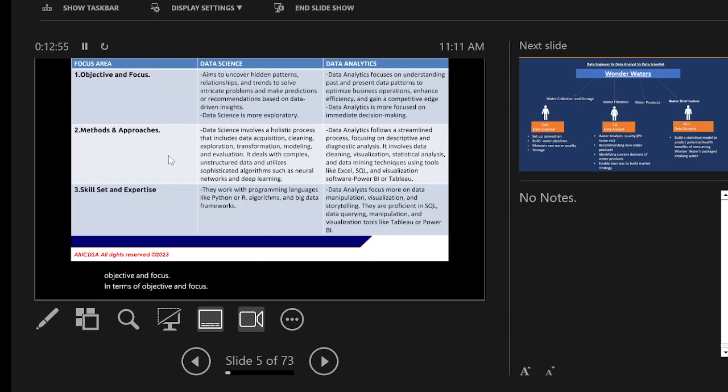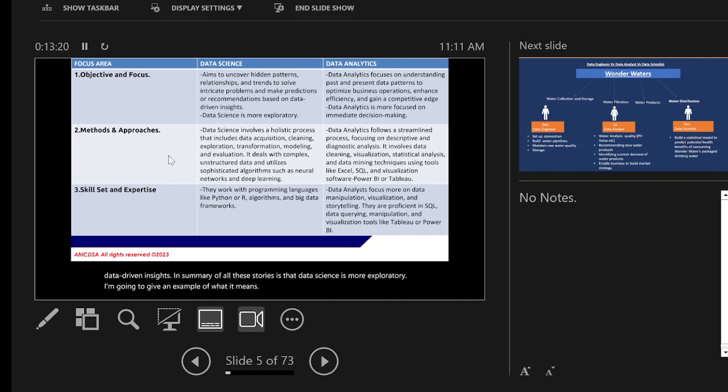data science aims to uncover hidden patterns, relationships, and trends to solve intricate problems and make predictions or recommendations based on data-driven insights. In summary of all this story is that data science is more exploratory. I'm going to give an example of what it means.